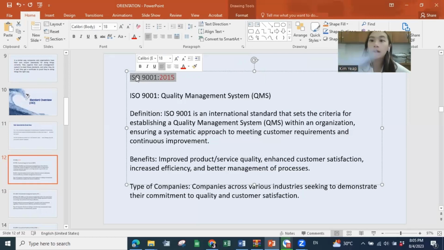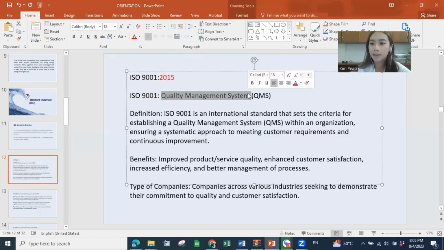Is this going to be updated again? We do not know, but the latest version now is the 2015 version. So what does this mean? This is actually the name of the ISO. And sometimes by reading the title, you can somehow guess what this standard actually helps the company with.